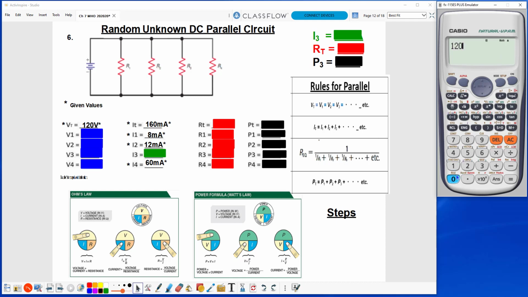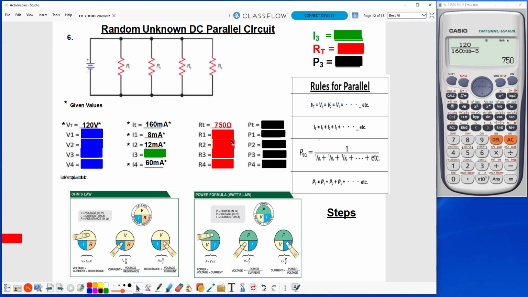So we got 120 volts over 160 milliamps. And this should give me the value of RT, 750 ohms.